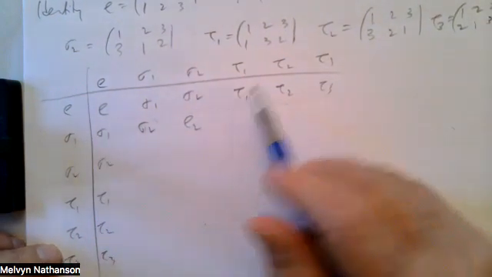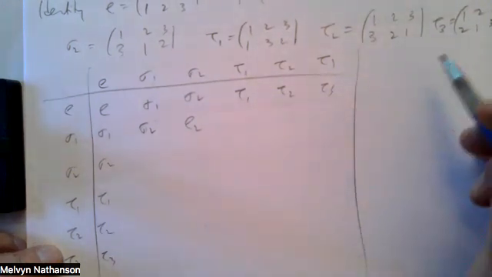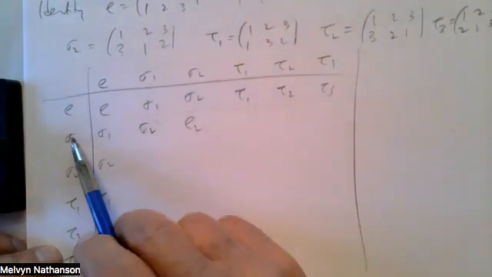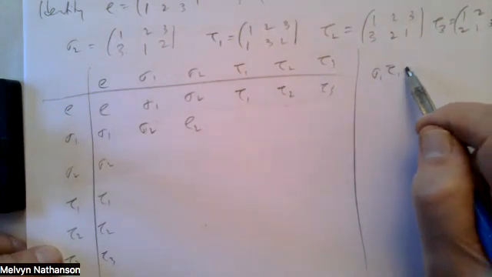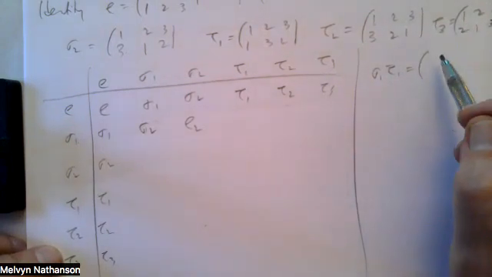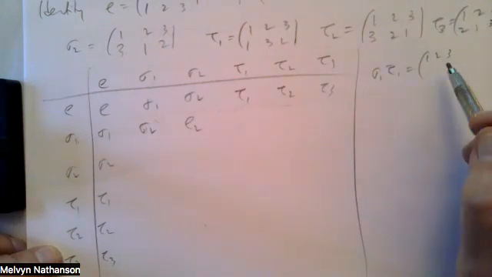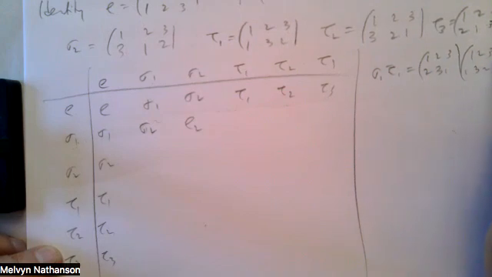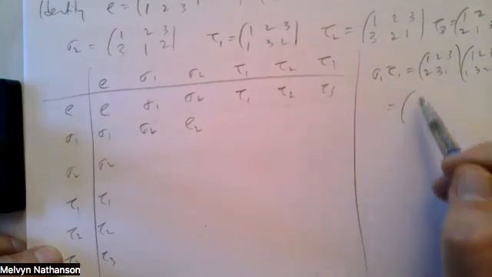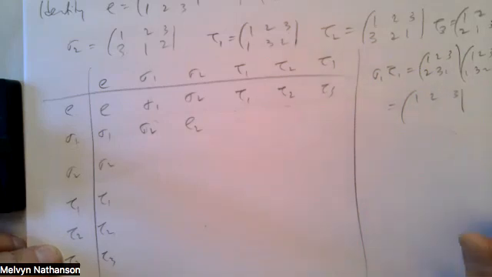What's sigma 1 times tau 1? Maybe now we have to do some calculation. Sigma 1, tau 1. So sigma 1, if we write it out, this is the function 1, 2, 3 going to 2, 3, 1. And tau 1 is the function 1, 2, 3 going to 1, 3, 2. And this is composition of functions.